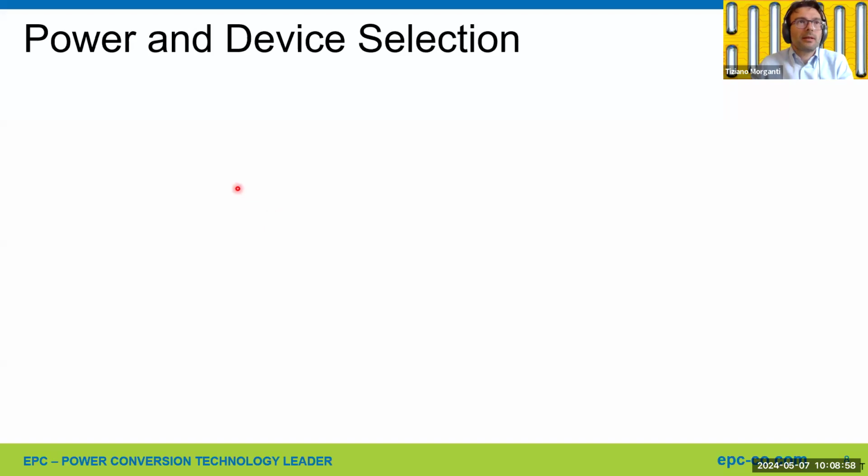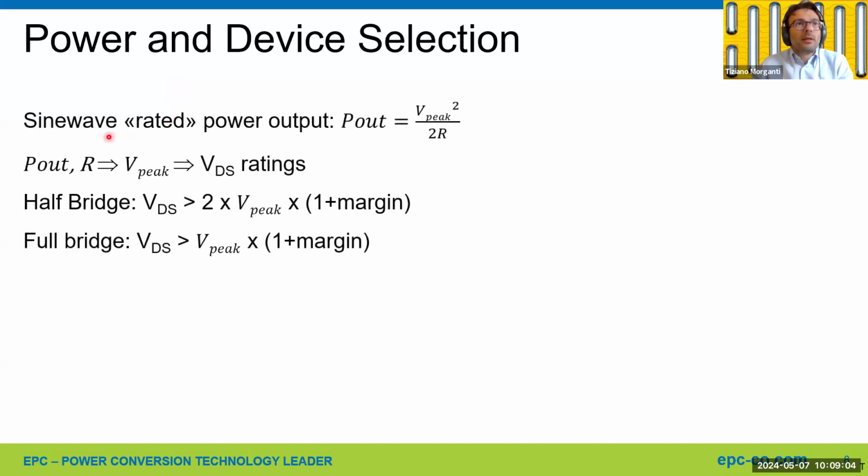So regarding the power and how it relates to the power device selection, if we have specified the sine wave rated power output, this is equal to the square of the peak voltage divided by 2 times the load resistance.